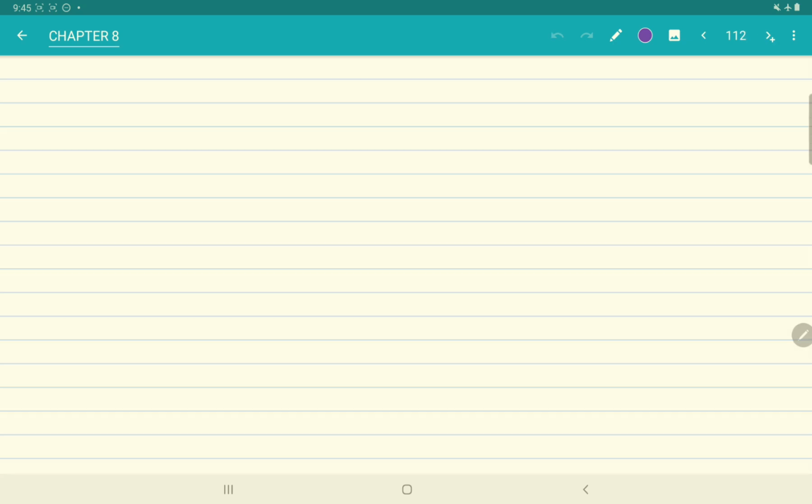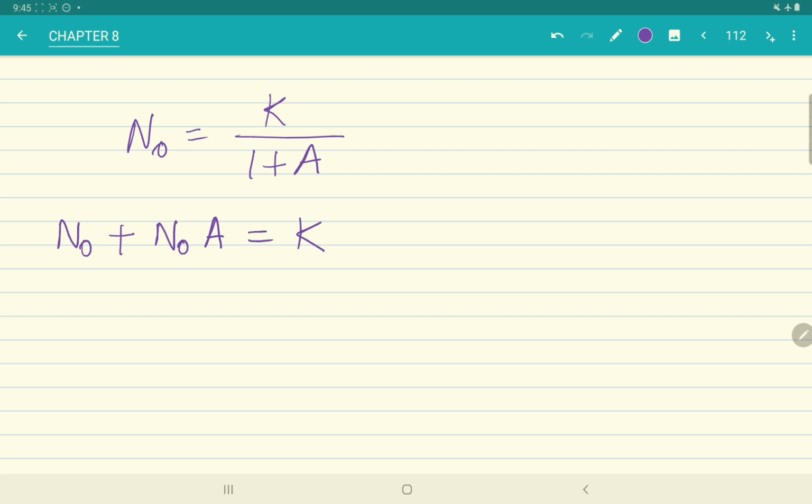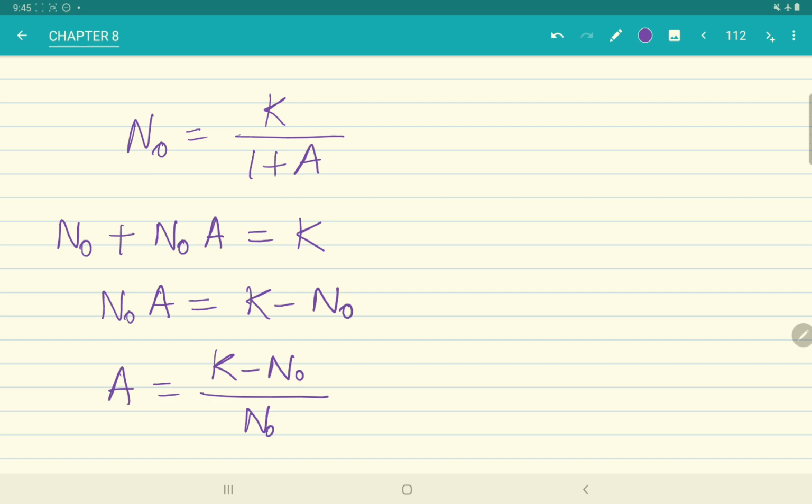And that means I can now write N naught is equal to k by 1 plus a, and that means I can write N naught plus N naught a is equal to k, and that just means N naught a is equal to k minus N naught, and I can then write a is equal to (k minus N naught) by N naught.